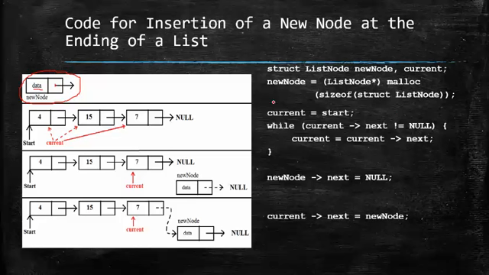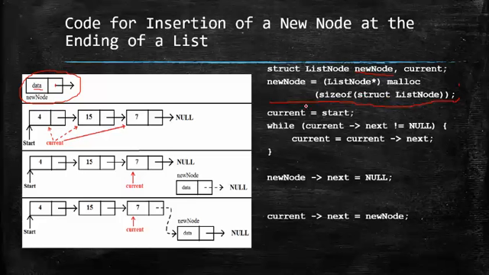To perform that, we have this code, as you might have seen in the previous two videos. This is the basic step that we must perform. That means we have to create a new node of type list node and then assign some memory to it. That is the first step of creating a node.